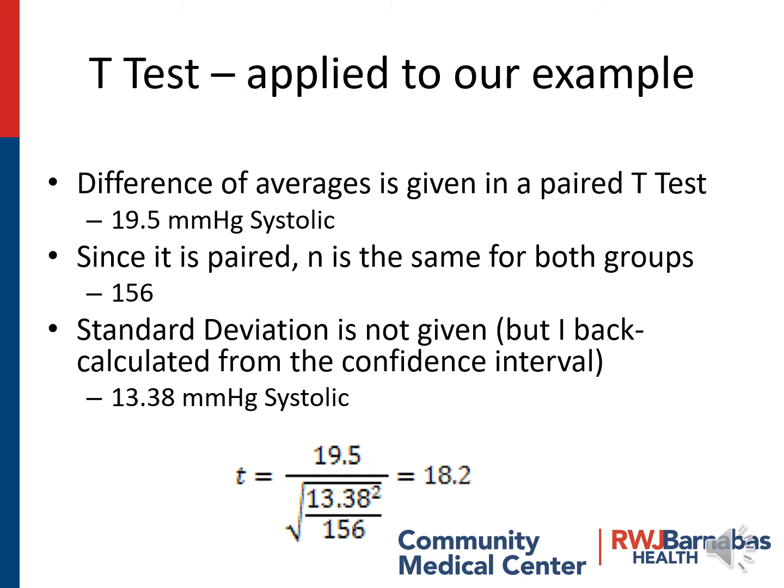The average difference between the two groups is 19.5 millimeters of mercury systolic. So that's the number we plug in for the average difference. And since it is paired, the n is the same for both groups, 156. Standard deviation is not given, but you can back calculate from the standard error, which goes into the confidence interval. It's 13.38 millimeters systolic. So our t-statistic here is 18.2. Put a pin in that. We're going to come back to it in a second.